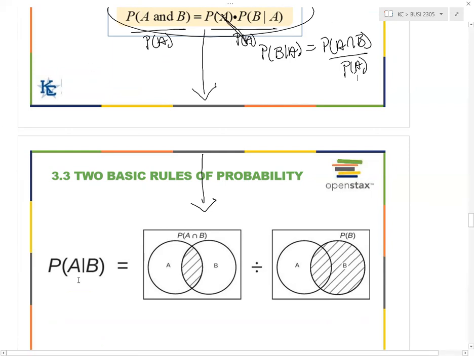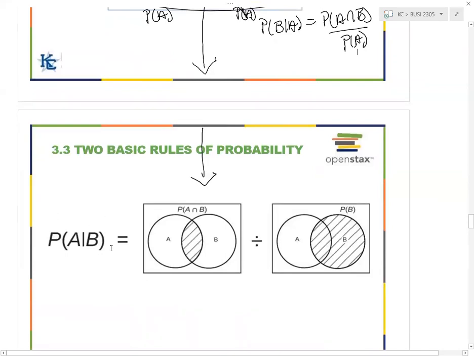Pictorially, we are representing a conditional probability when we take away this intersection out of what is in B.